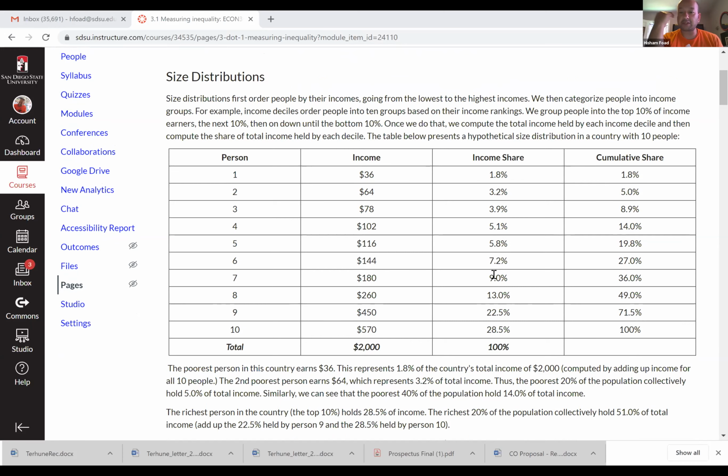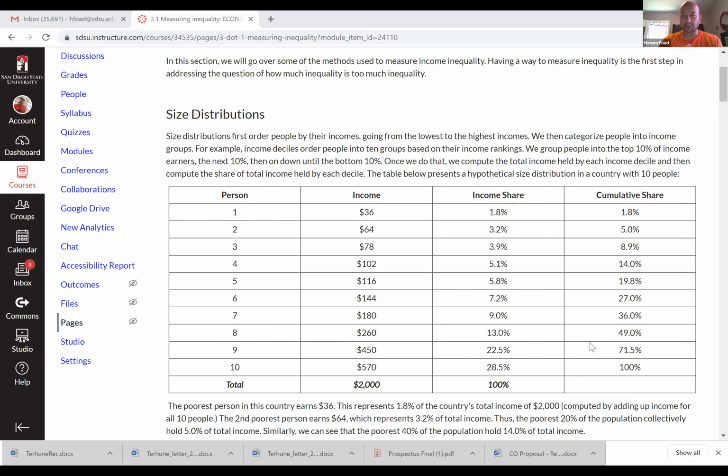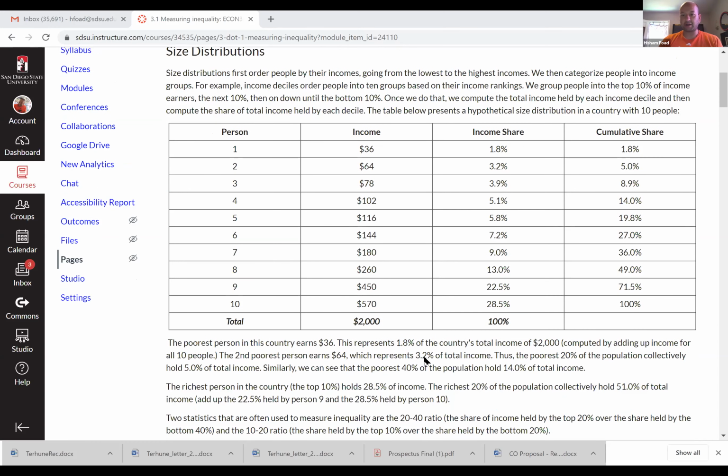So, for example, a popular ratio that is oftentimes computed is known as the 20-40 ratio. So the 20-40 ratio basically says, what is the share of income held by the richest 20% as compared to the share of income held by the poorest 40%, right? And so we know that the richest 20% are holding collectively 22.5 plus 28.5, which is going to be equal to, what is that, 51% of income.